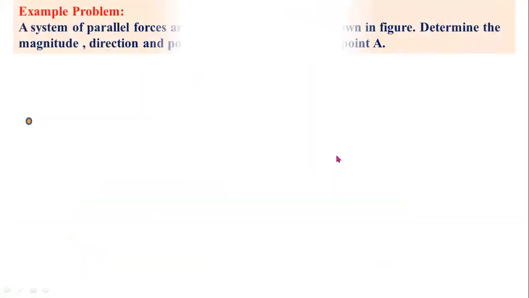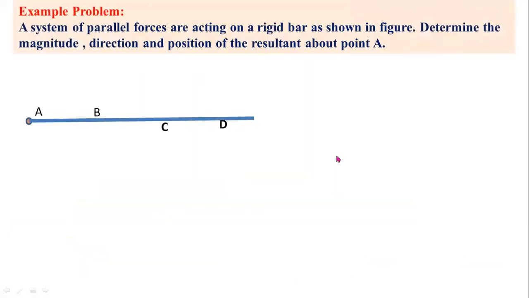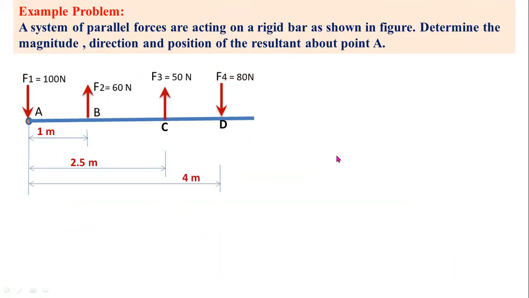Now coming to another problem. If a couple force is acting on the previous problem, if you are considering a couple acting on the rigid bar, then how do you determine the magnitude, direction and position of the resultant?